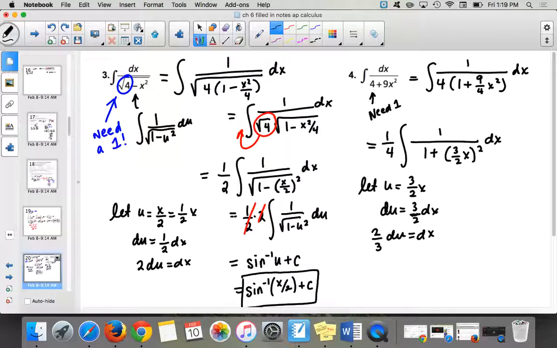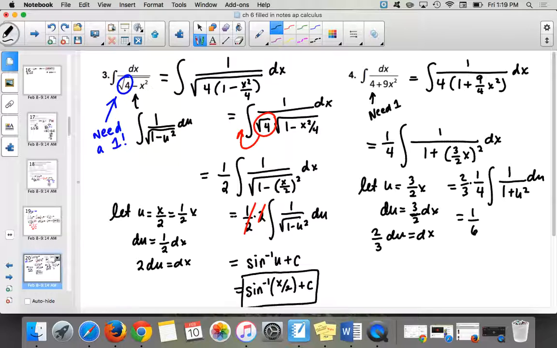So now we get 1 over 4, the integral of 1 over 1 plus u squared. And then our dx is replaced with 2/3 du. So I'm going to put a du, and I'm going to sneak a 2/3 in there. See? I have the magic tool that lets me just erase that right away, but if you're writing in pen, I'm sorry. All right, so I get 2 over 12, so that's 1/6.